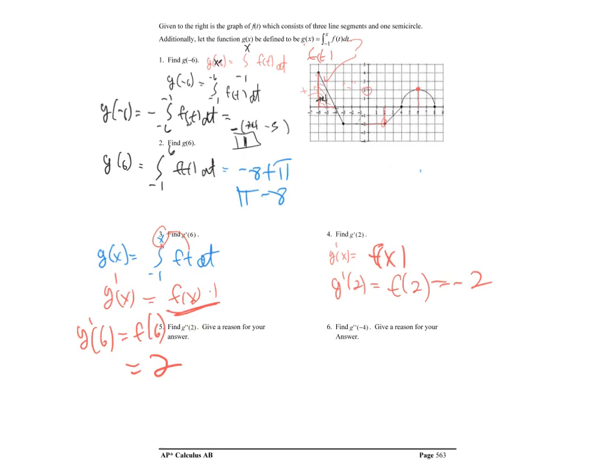G double prime of 2. Well, we already know that g prime of x was equal to f of x. That must mean g double prime of x must be f prime of x. G double prime of 2 must be f prime of 2. Where was 2 at again? 2 was right here.